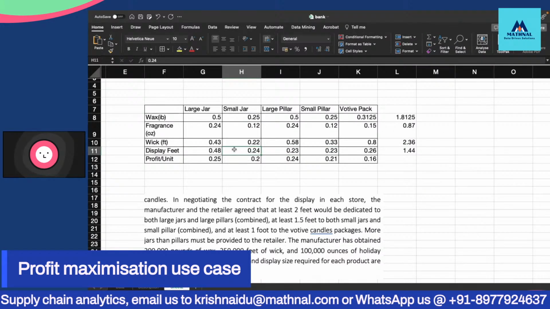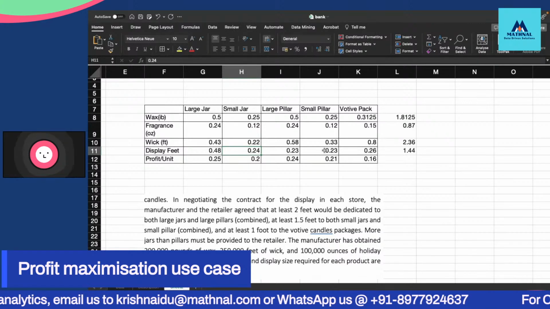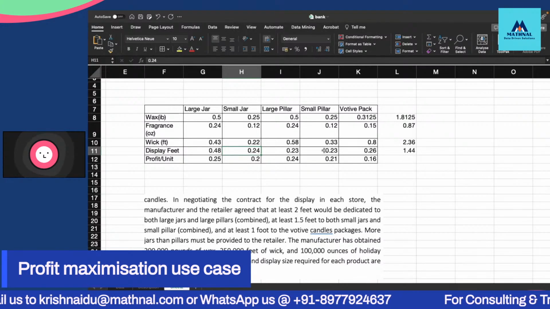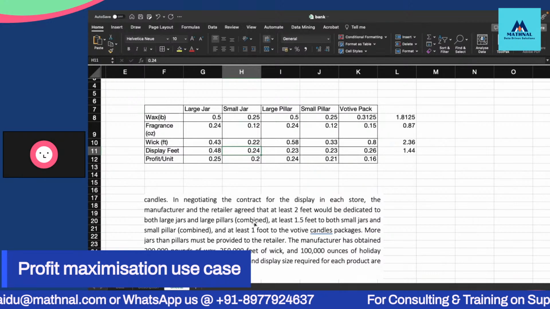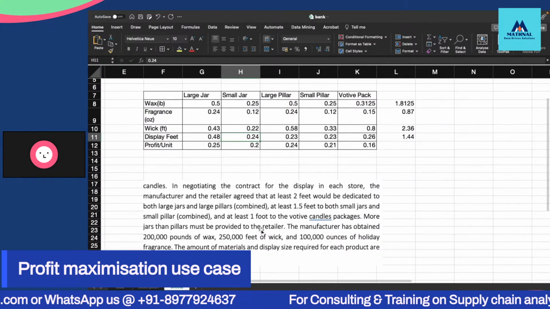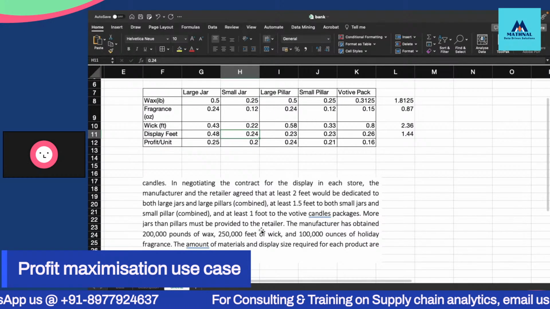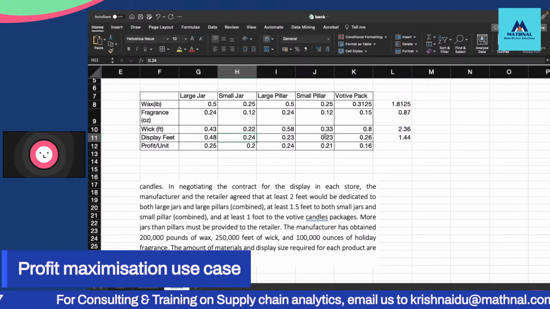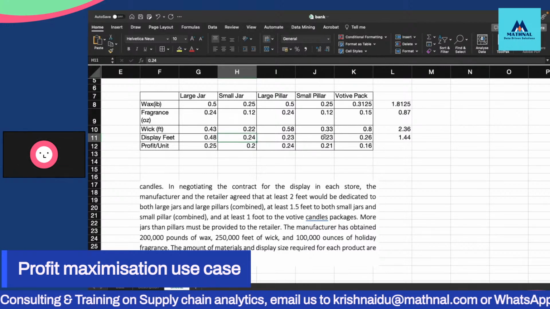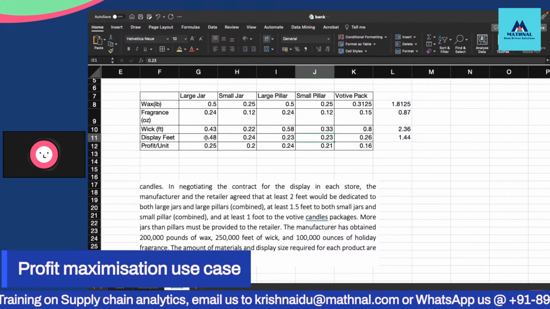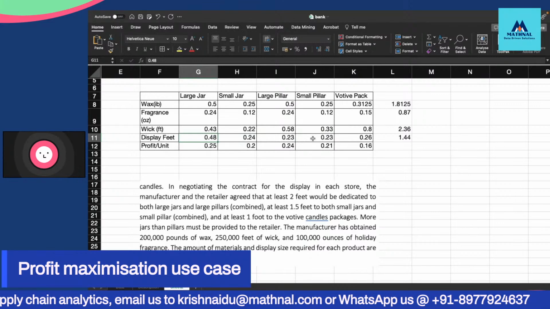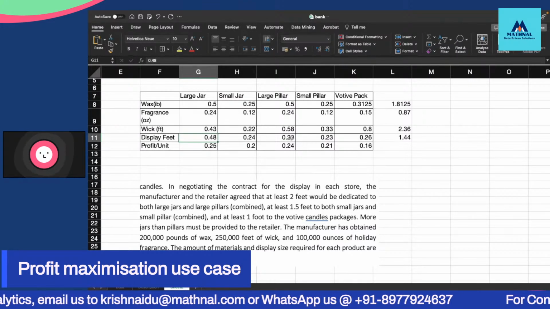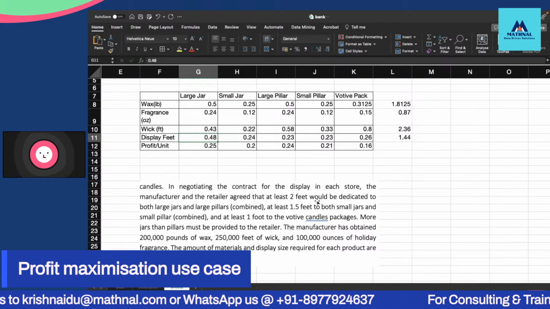So at least it should be more than 2. They should be more than 1.5, the display feet. And at least 1 foot for the small pillar. 2, then 1.5, 1.5, so 3.5, and this is 4.5.